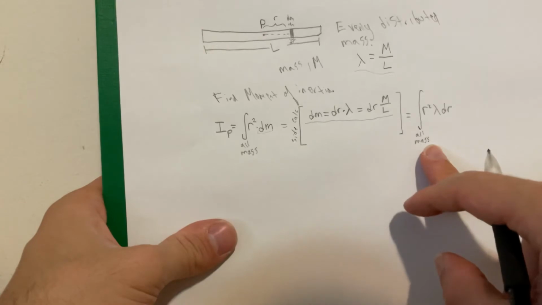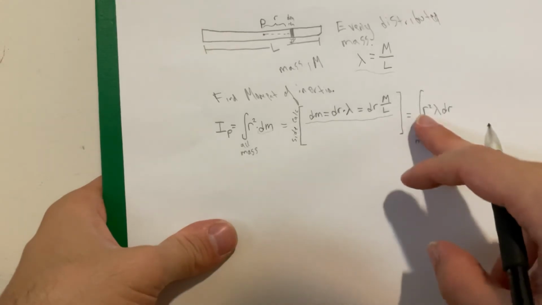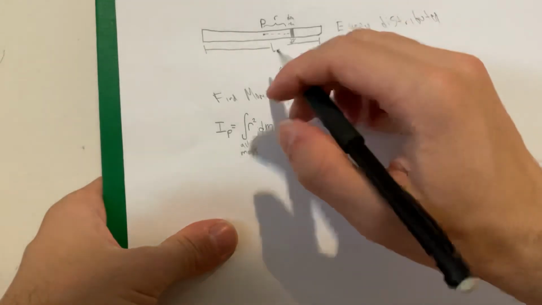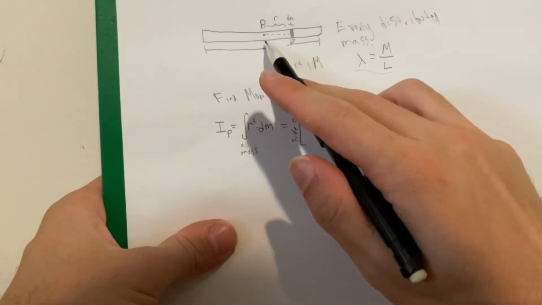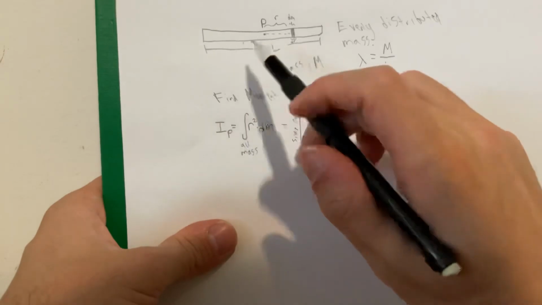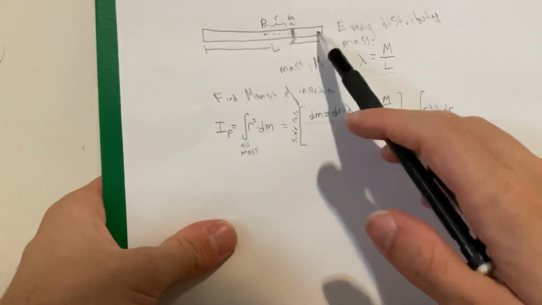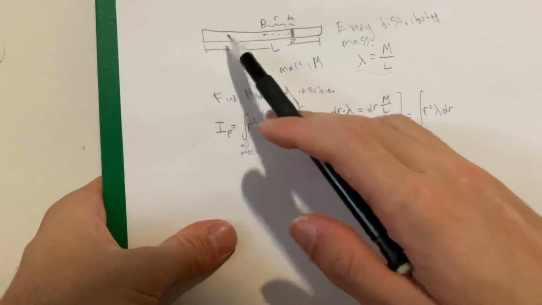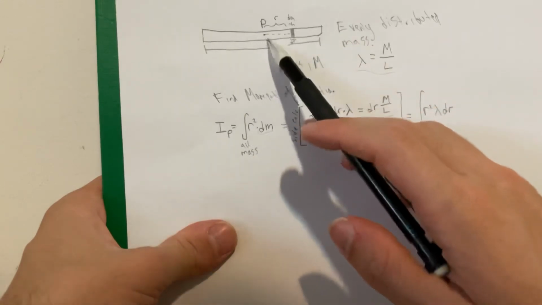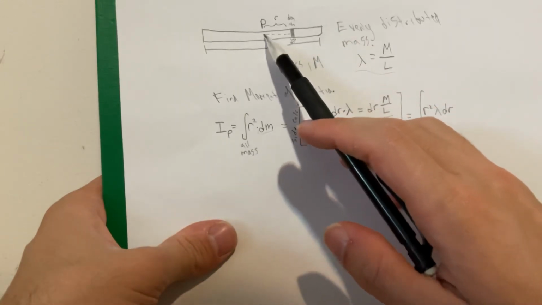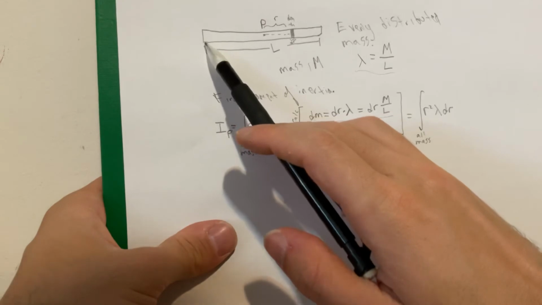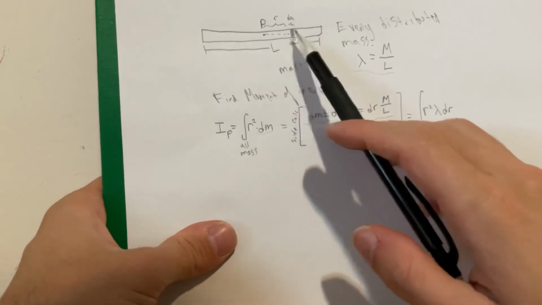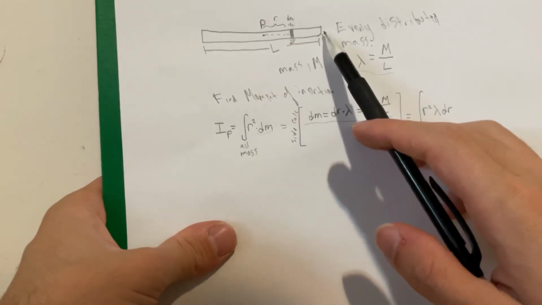Well, r is the distance from the piece of the mass to the center. It means we want to start all the way from this end and move all the way to the other end, from the left all the way to the right. If you're in the center, the distance all the way to the left would be minus L over 2, and to the other side, plus L over 2.